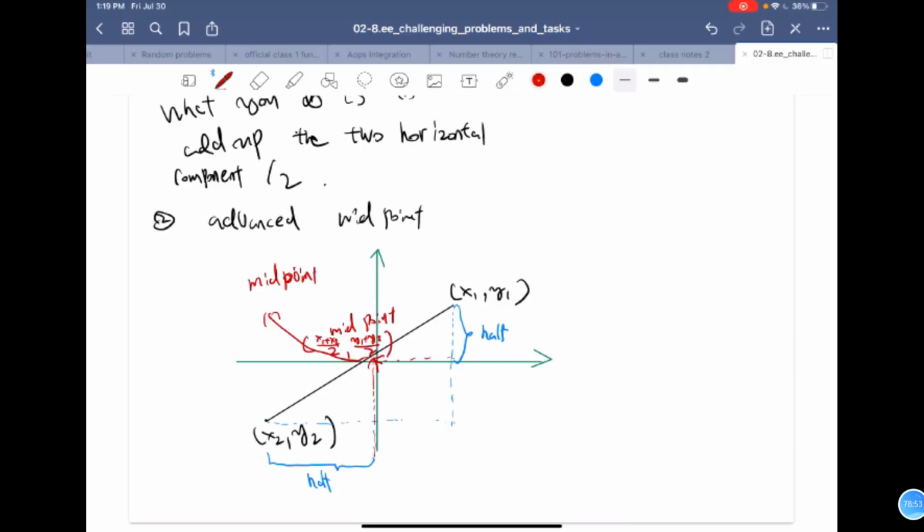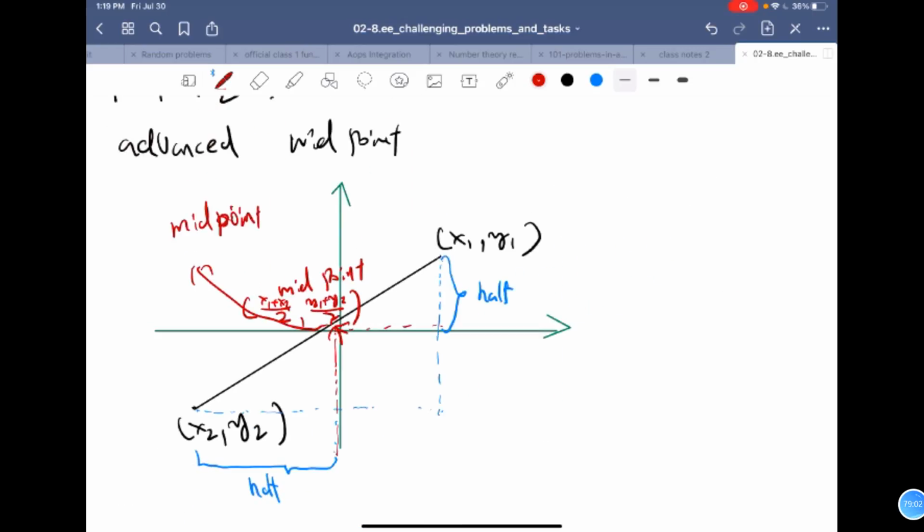Now my question is, how to prove this? How to prove that when you locate the y component on this slanted hypotenuse, how do you know it locates at exactly half of the line segment?